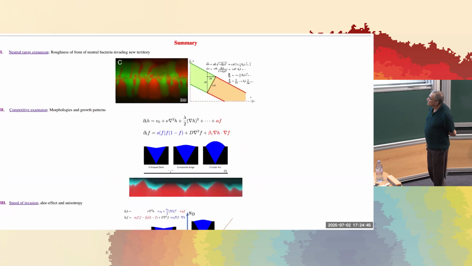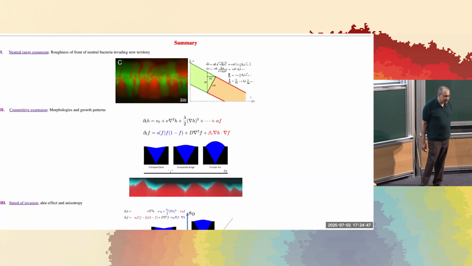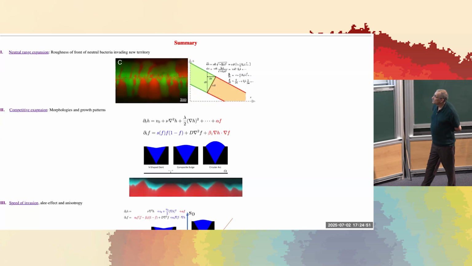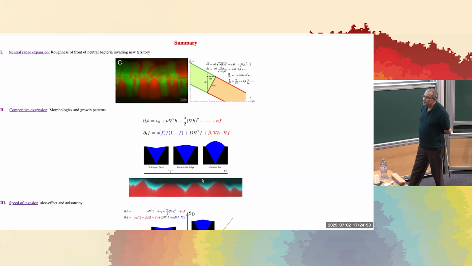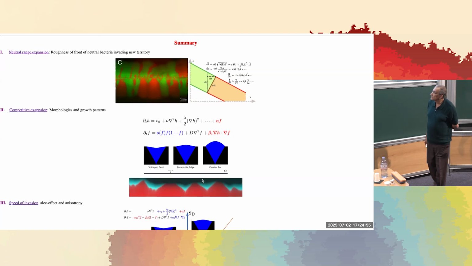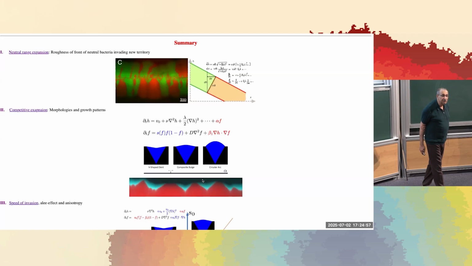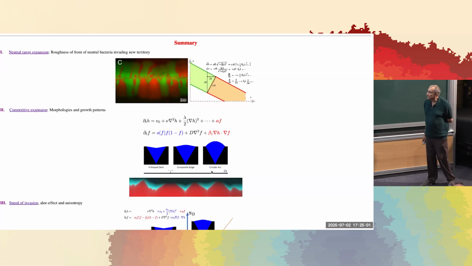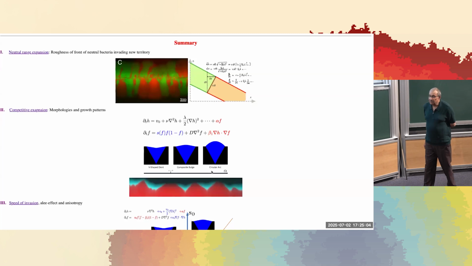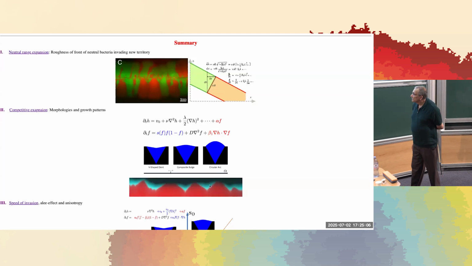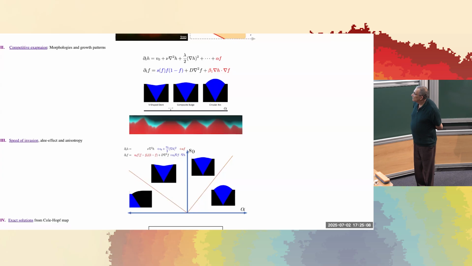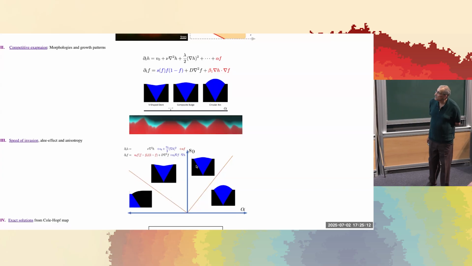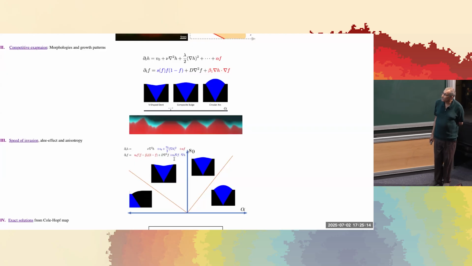Now, we also then went to the case where the species are not neutral, but compete with each other. The more interesting issue to consider is the kinds of morphologies that arise. We saw a number of different morphologies that have some experimental character, and we have predicted some more morphologies, but I didn't go into them.